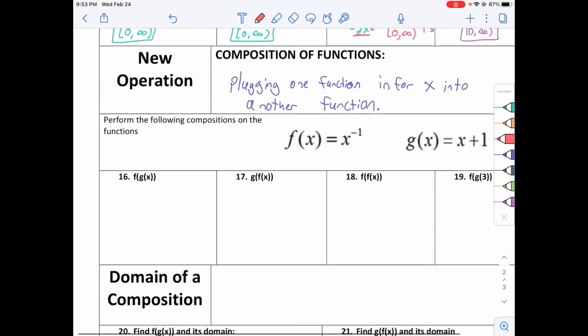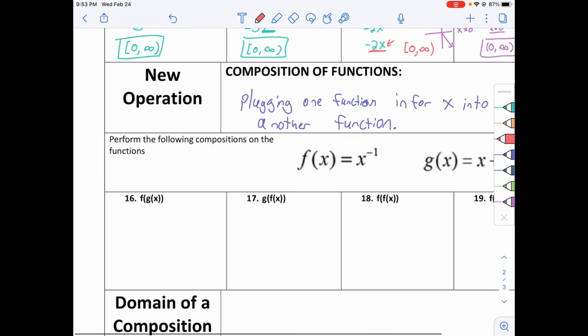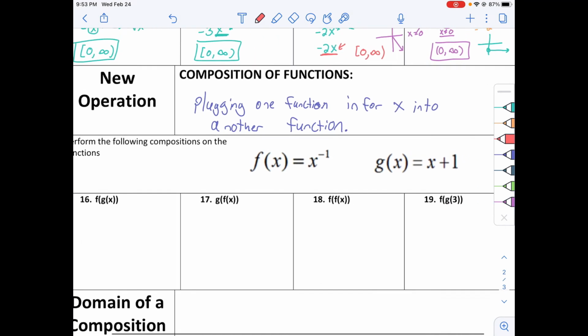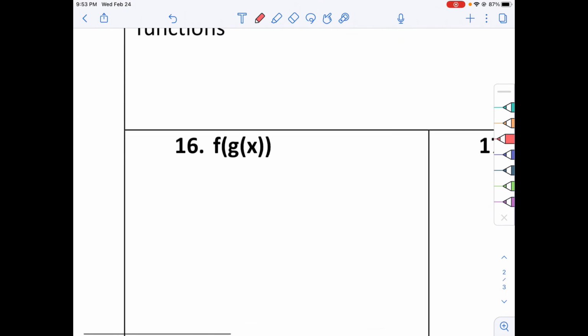All right, so we're going to do a new operation here, composition of functions. So we're plugging g of x into f of x. So we're literally taking this g of x equation, x plus 1, and we're going to plug it into the x for f of x. That's exactly what this is saying, right? Normally it would just be f of x, but instead of x, we have this equation, g of x. So we're replacing x with g of x.